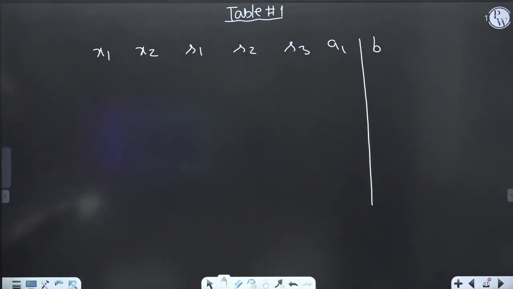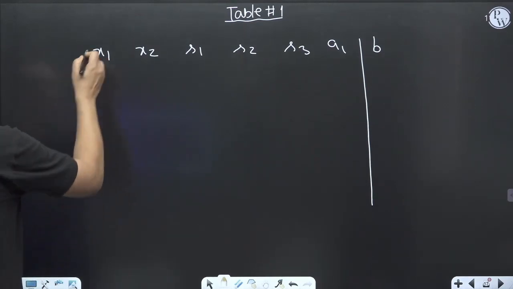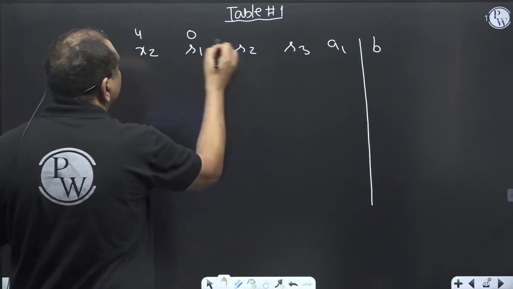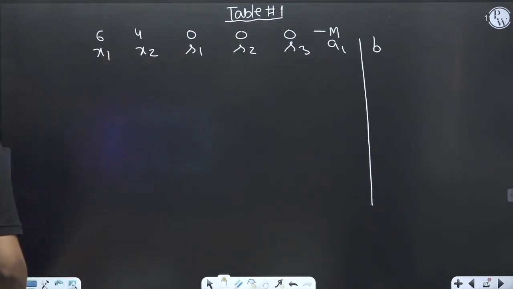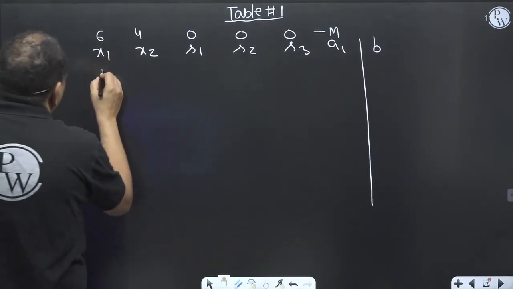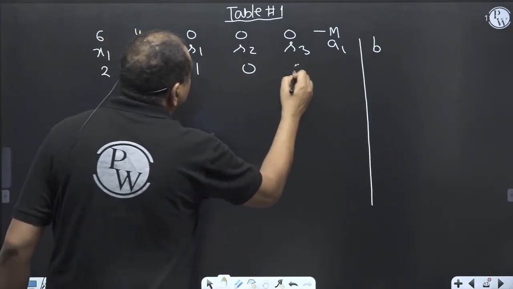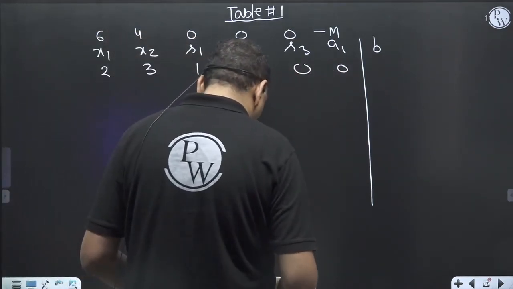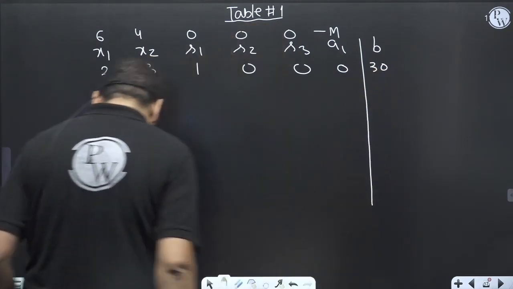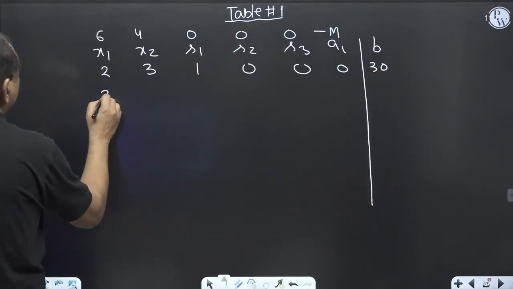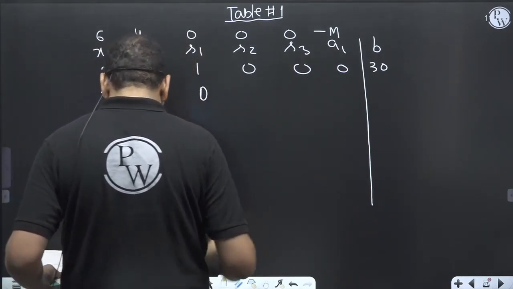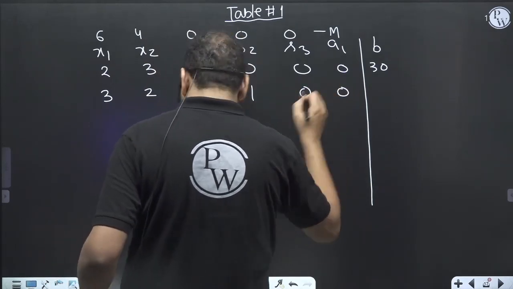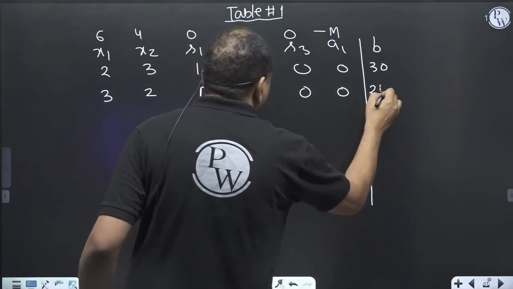Because again I have to flip the thing, so I am directly writing from here: 6, 4, 0, 0, 0, minus M. First constraint is 2, 3, 1, 0, 0, 0, 30. Second constraint is 3, 2, 0, 1, 0, 0, 24.